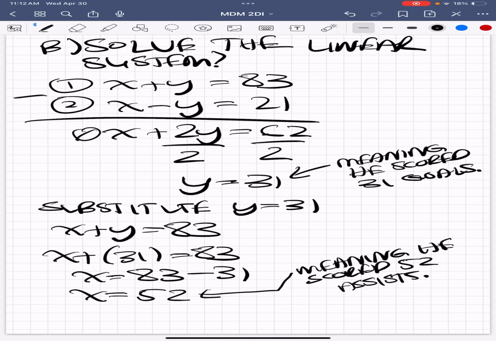First we did the process of elimination, and we eliminated the x variable to find the value of y. Then we substituted that value of y, the y coordinate of the point of intersection, into equation 1, and then we followed the order of operations to get the value of x.